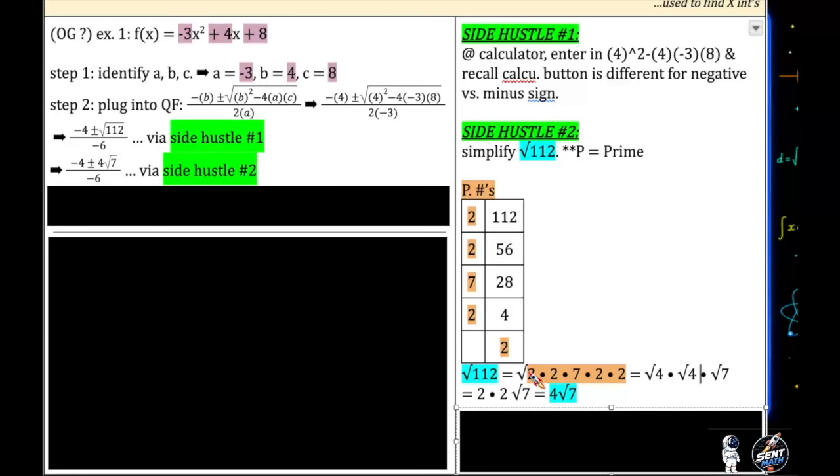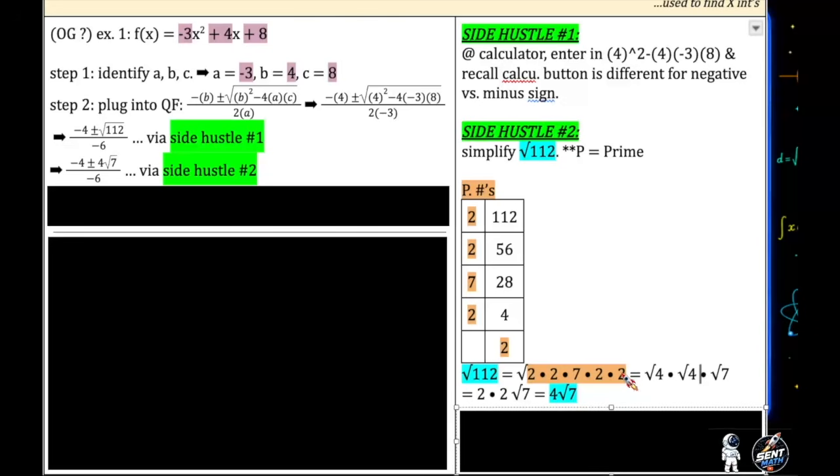So root 112 can be rewritten as root 2 times 2 times 7 times 2 times 2, which is 112's prime factorization, if we're going to use fancy math terms. Now root 2 times root 2 is root 4.